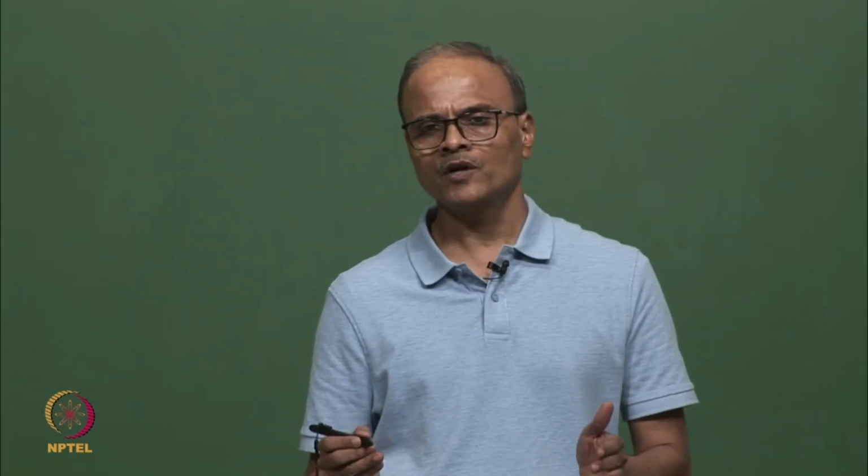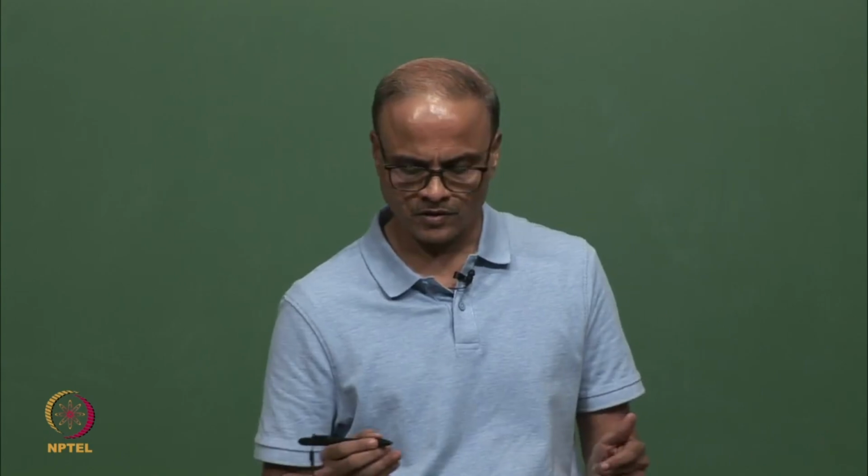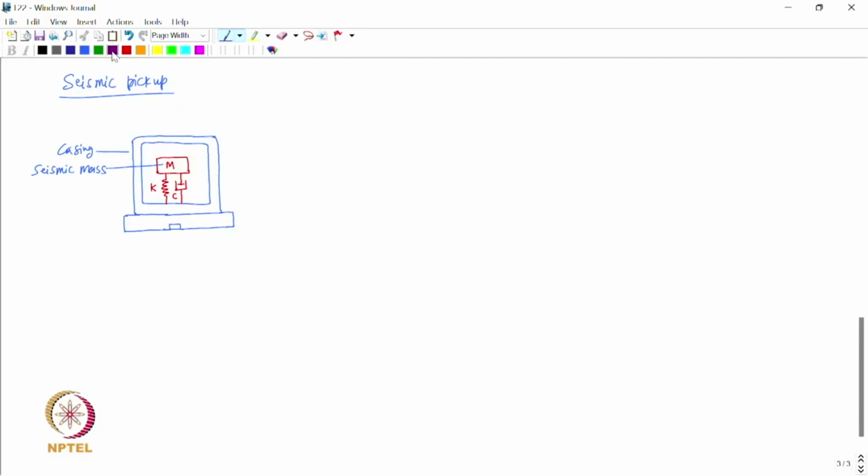this pickup is then mounted on the surface whose vibration we want to measure. So, let us say we have this surface here whose vibration we want to measure like this. And then a stud is used to secure the seismic pickup to the surface in this manner.